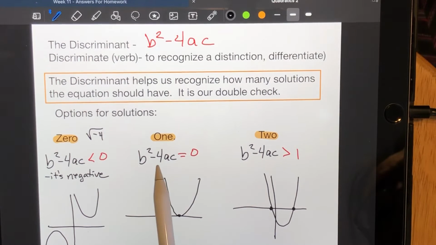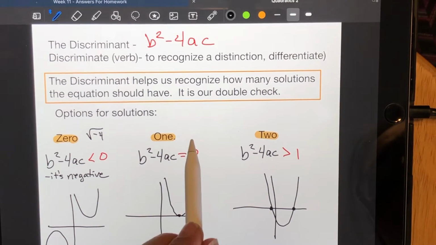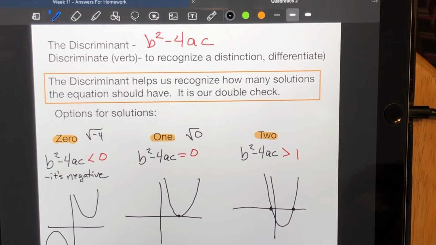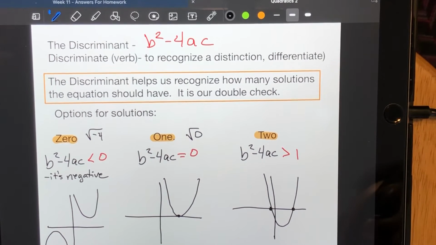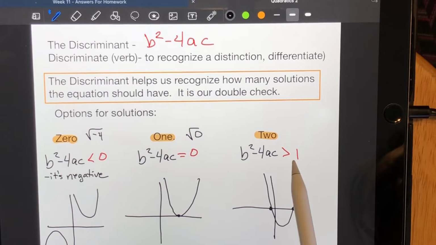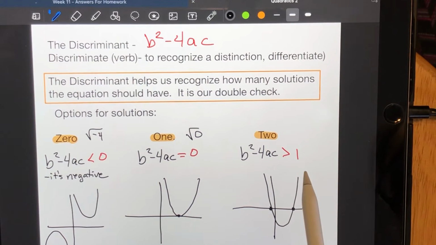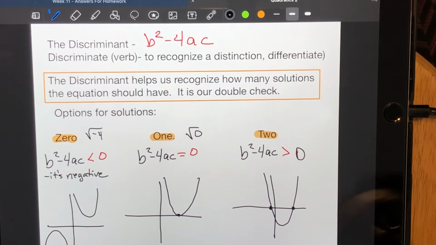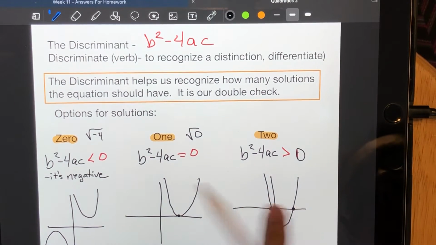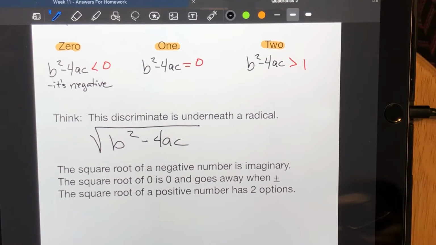If your discriminant is equal to 0, so if the square root is equal to 0, then there is only one point that is a solution. There's only one point that touches the x-axis, and that point will be your vertex. If your discriminant is greater than 0, so it's a positive number, then you have two solutions. It will cross the line twice.